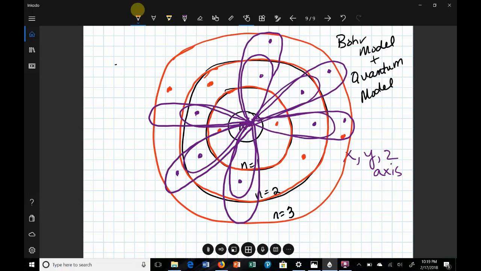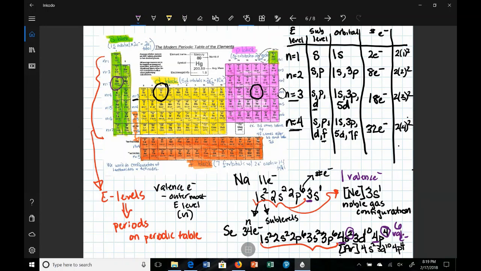Hopefully this allows you to see how the atom gets larger as we end up with more and more energy levels, and also how the s and the p orbitals relate with each other. Hopefully this short video has helped you to understand writing electron configurations and understanding valence electrons.